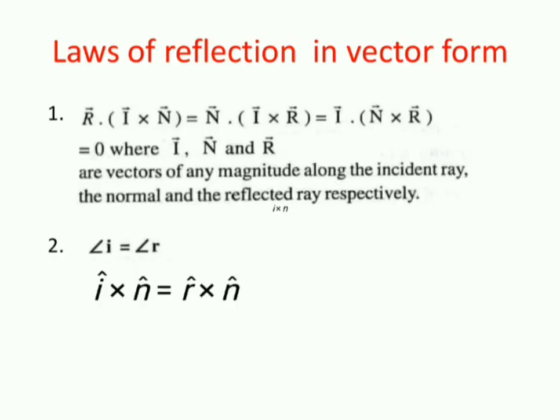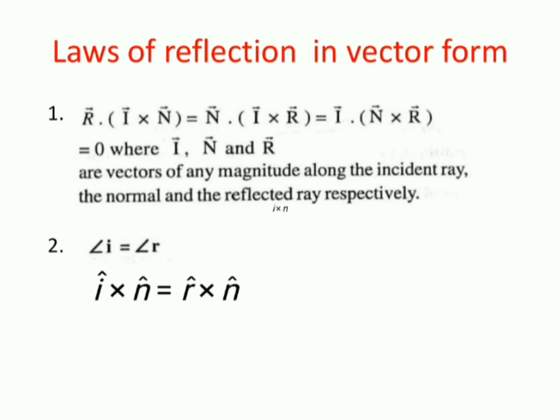To begin with reflection, we have studied the laws of reflection: the incident ray, normal and reflected ray lie in the same plane. If I, N and R represent vectors in the direction of the incident ray, normal and reflected ray, as the three vectors are coplanar, you can represent this coplanarity by the scalar triple product.